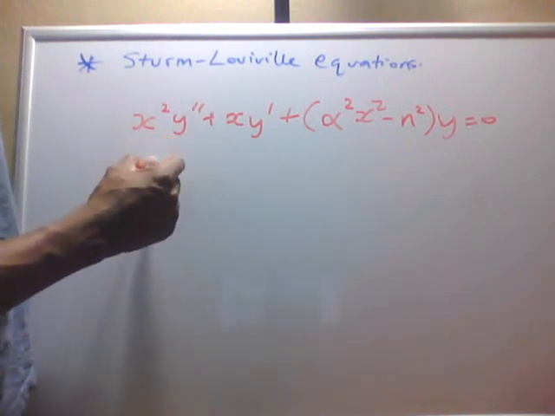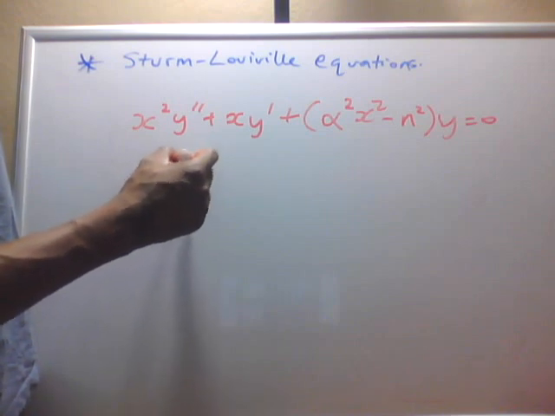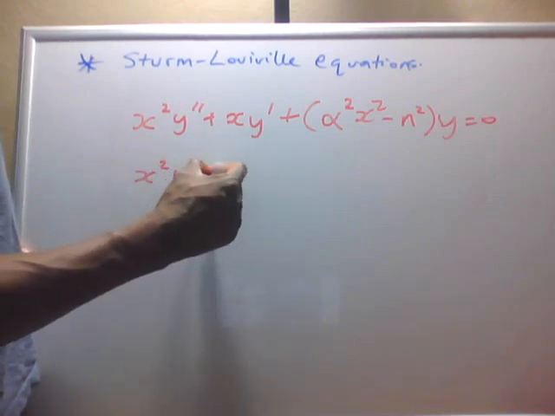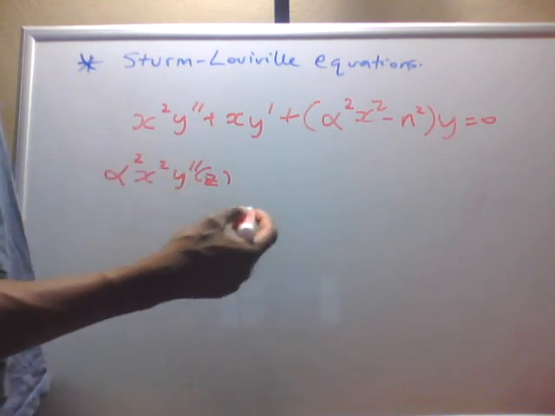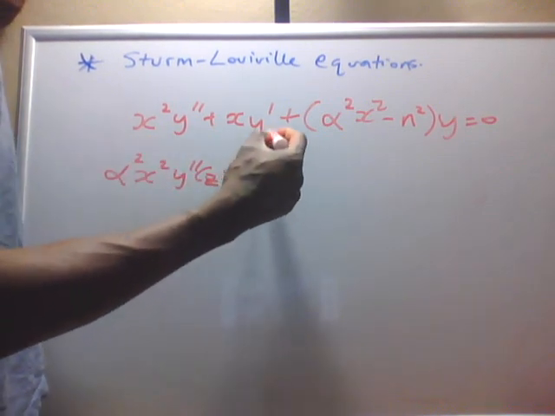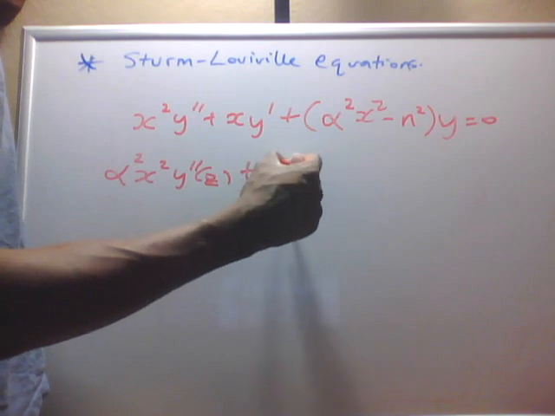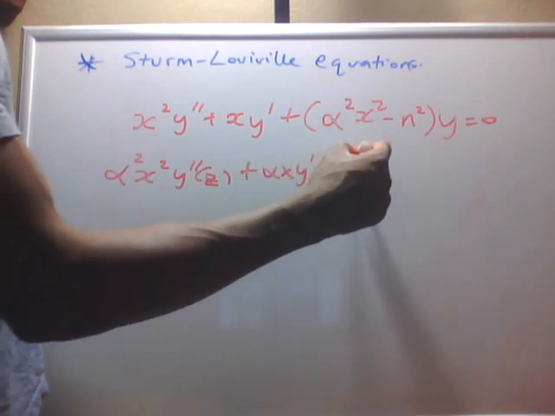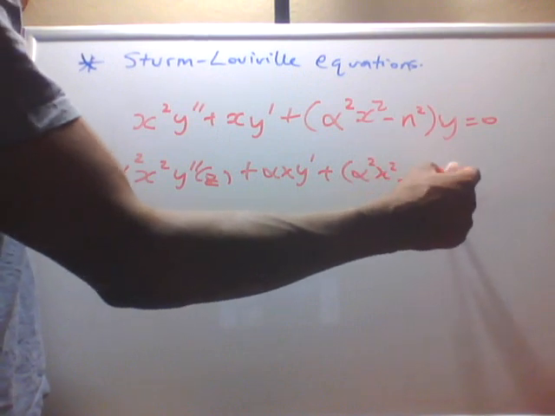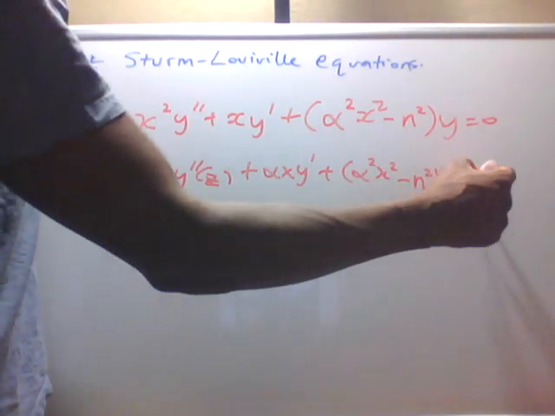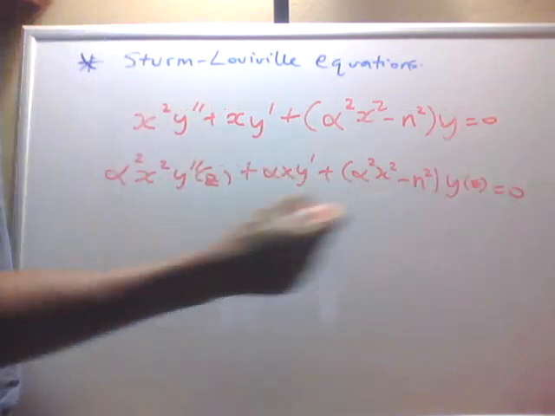x squared y prime prime. Now our prime primes are in terms of z, alpha squared, which is what we just derived, plus the one from here, alpha x, plus alpha squared x squared minus n squared y of z equals 0.